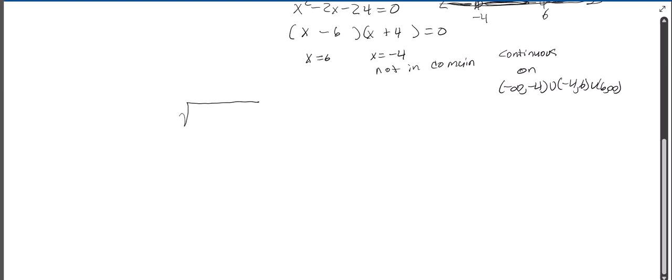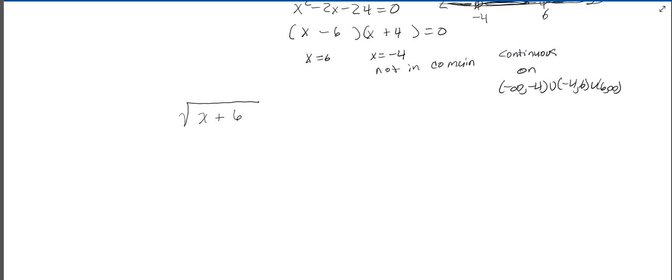Square root functions. I have the square root of x plus 6. That's continuous. The calculus book that's used in 1550 would define this as being continuous at negative 6.